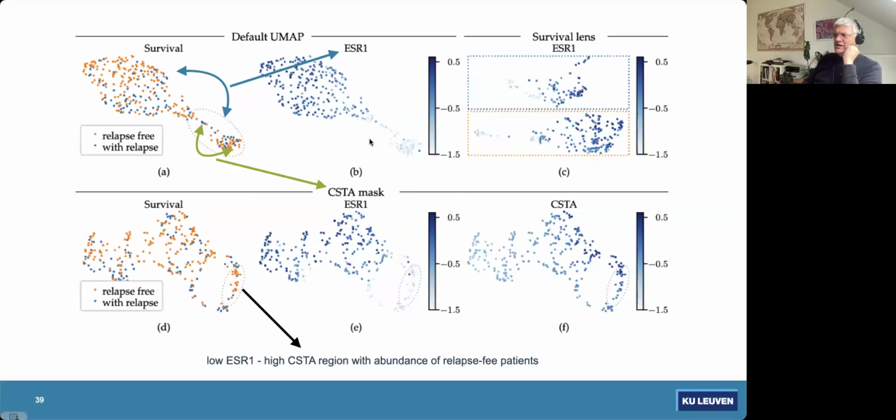If we color by ESR1, we see a much lower expression of that gene than in the rest. Within this group, there are still people who get a relapse and people who do not. We looked at that, and we see there's another gene that plays a role there as well. But that's quite into the domain itself.